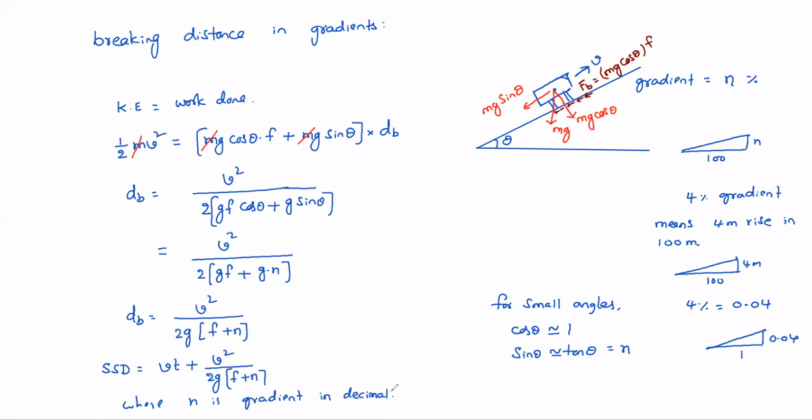So this is the formula for SSD in up gradient. Similarly, in down gradient, what happens? Suppose the vehicle is moving in a downward direction, like this.